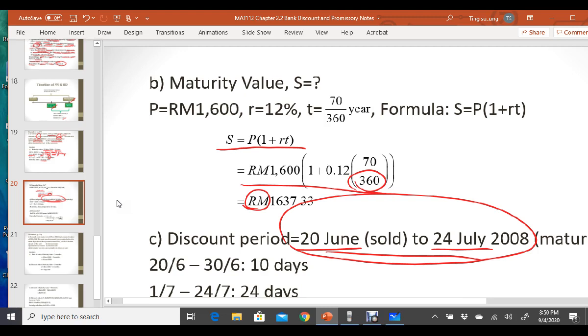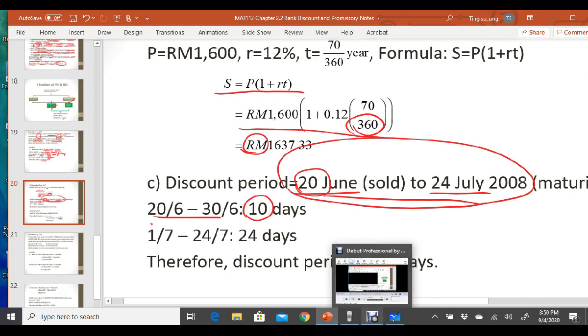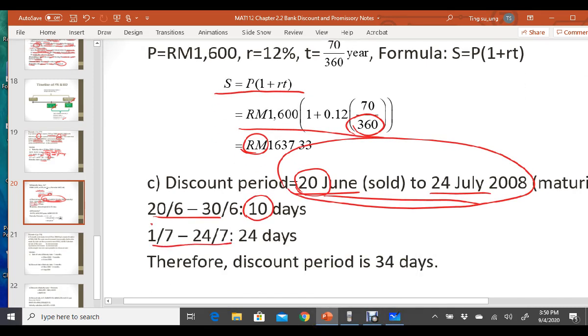For June, because it starts on the 20th, 20th to 30th is how many days? 10 days. After that, 1st of July until 24th of July, the maturity date, is 24 days. So in total you get 34 days for that period of time.